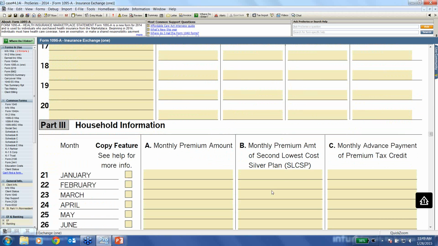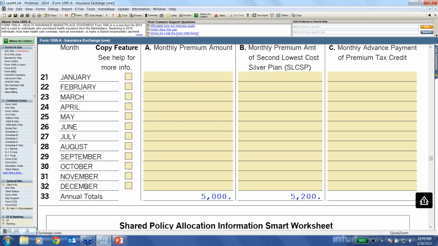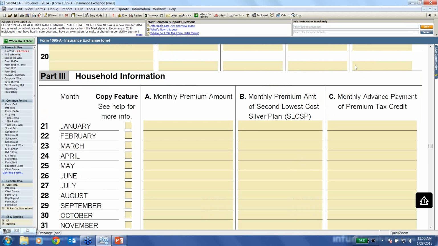And we get down to part 3, and as the example told us, we just need to punch in the annual total since it didn't vary on a monthly basis. So the premium is $5,000. The benchmark plan, premium for a second lowest cost silver plan, $5,200. Didn't receive any monthly advances. You can elect to defer all those until the end of the year.